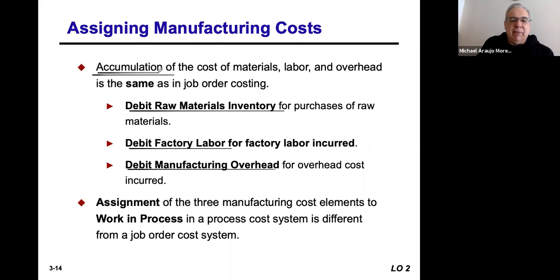After this, we start assigning the raw materials, the factory labor, and the overhead to the work in process, which, as with the other company you saw, is usually broken into the departments.